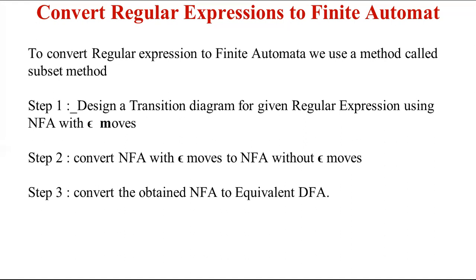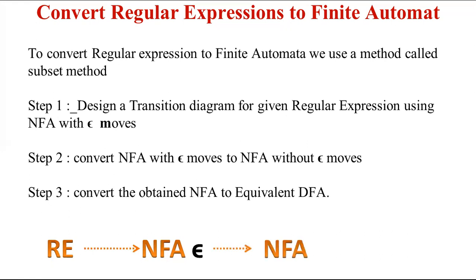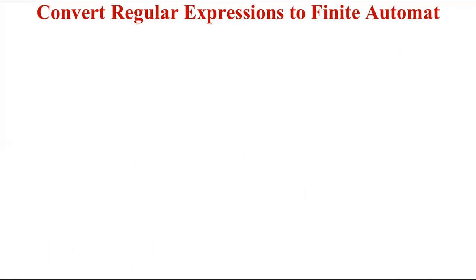So these are the steps that we need to follow. Here the regular expression is converted to a non-deterministic finite automata with epsilon moves. After that, we remove the epsilon moves, then we get a non-deterministic finite automata. And finally, we construct a deterministic finite automata. Now, let us see with examples.